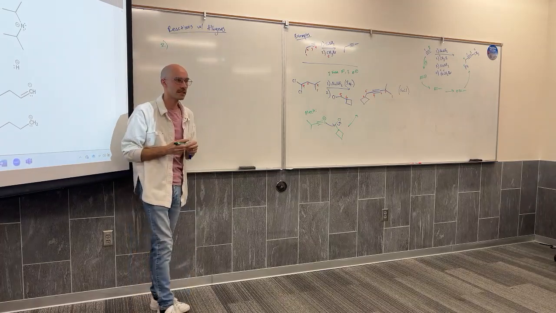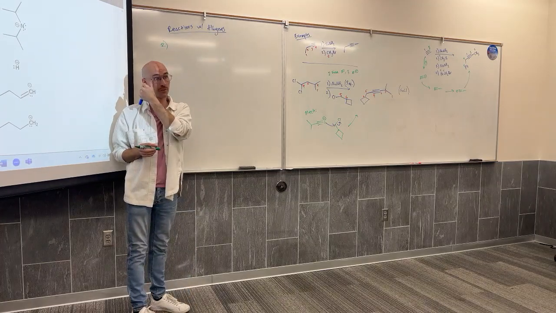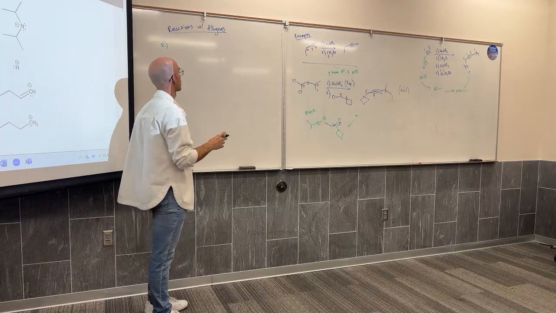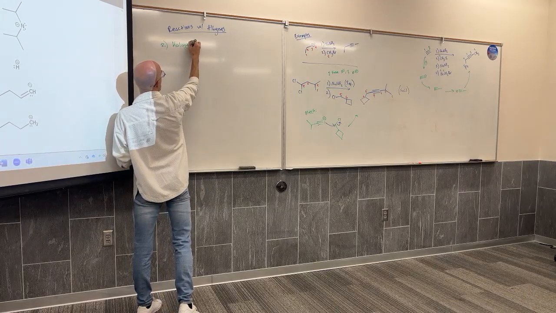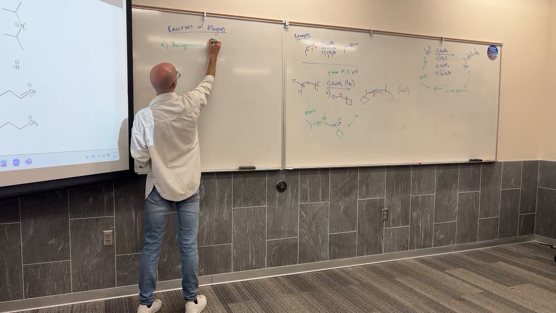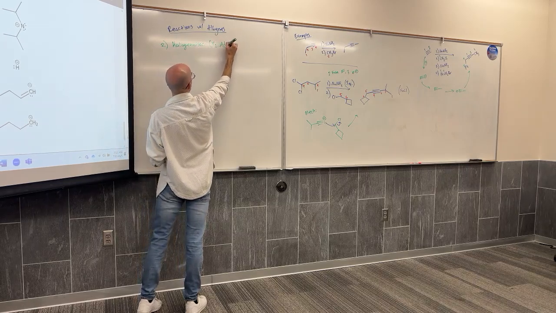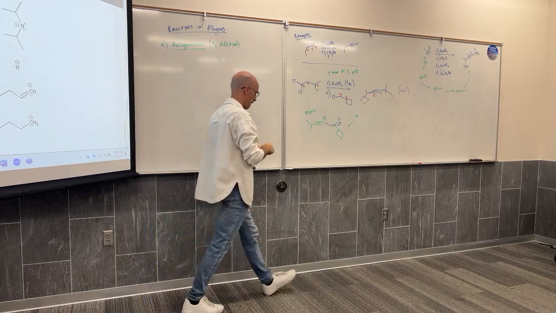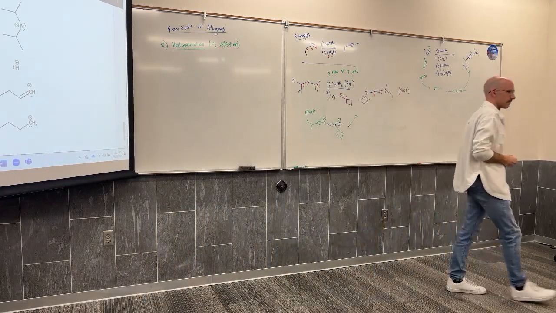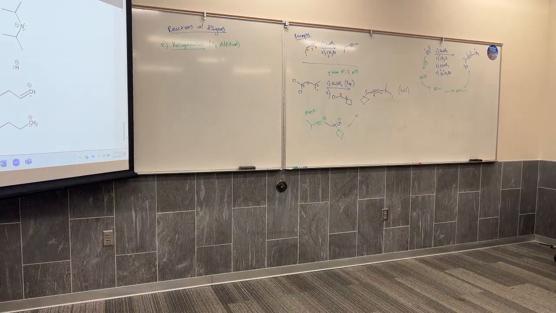Okay. On to our addition reactions. The rest of these will be very similar to our alkene reactions. We'll start with halogenation. How many equivalences of halogen could an alkene take on?